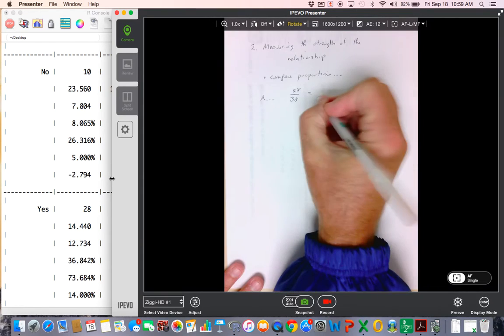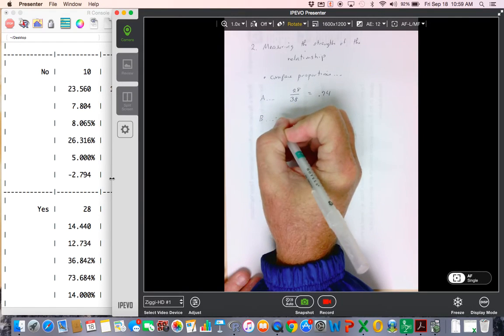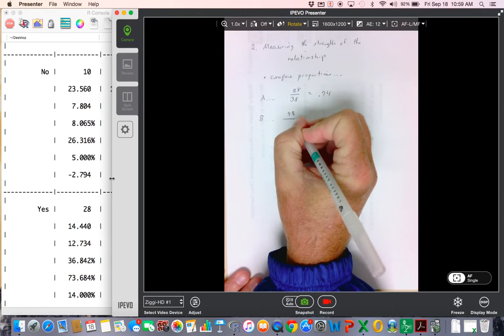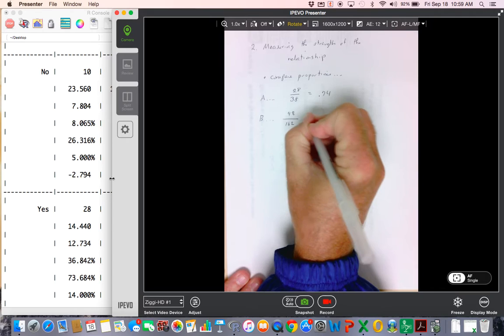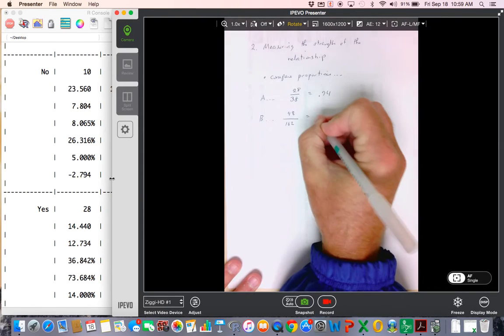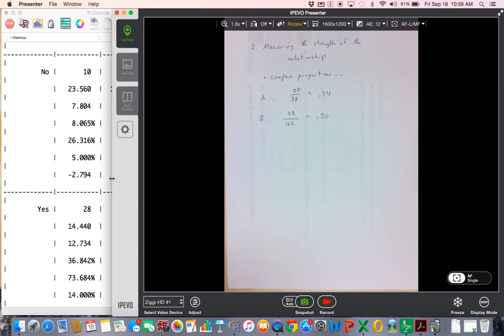Yeah, 0.74. And Professor B, we get what, 48 out of 162. I get about 0.3 something there. So what do we get? 0.30. Huh. My mental arithmetic usually doesn't work that well.